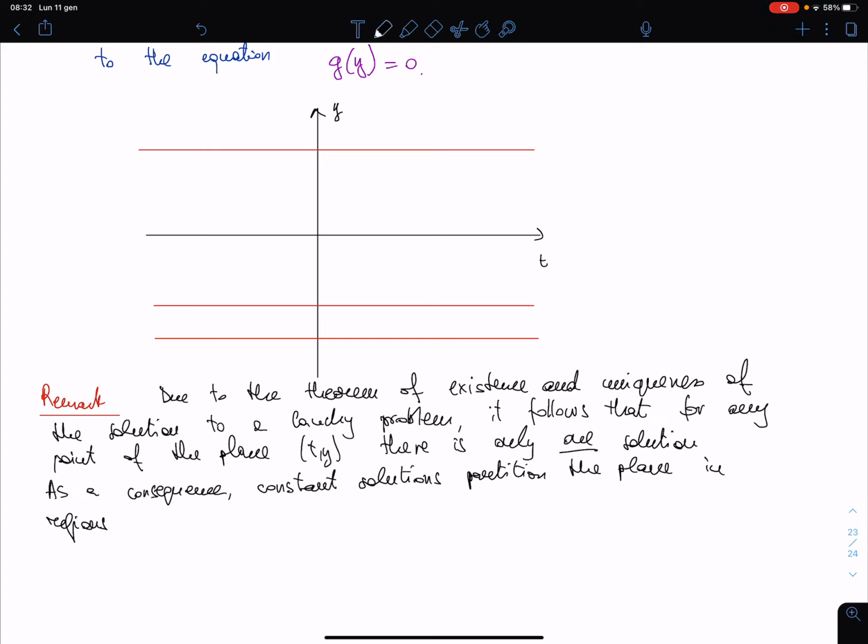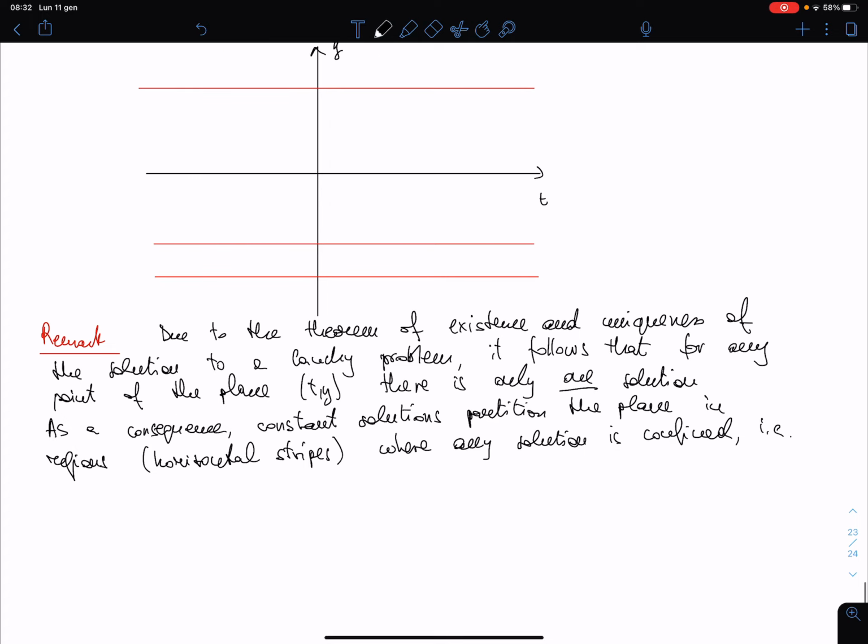The plane is partitioned in regions, horizontal stripes, where any solution is confined. What do I mean? I mean that any solution must be entirely contained in one of those stripes.